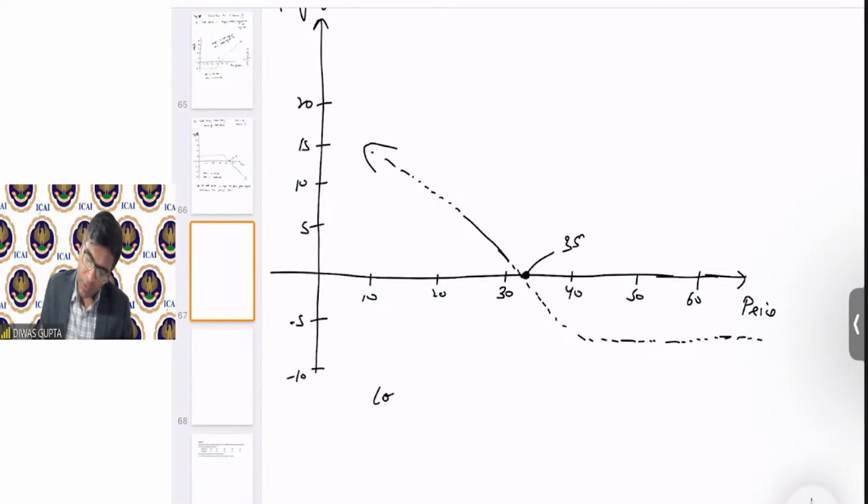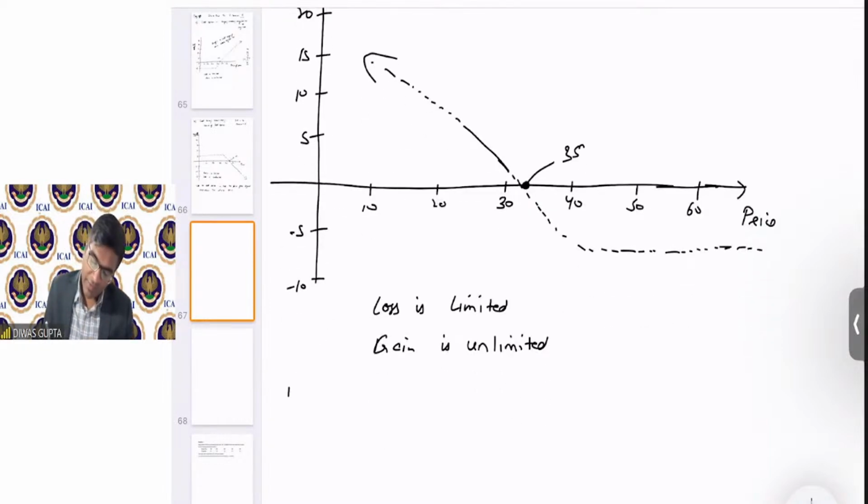So here also the loss is limited. However, gain is unlimited. Okay.